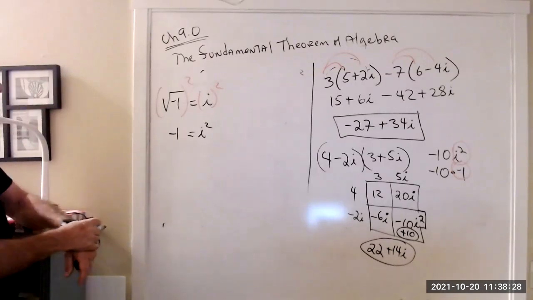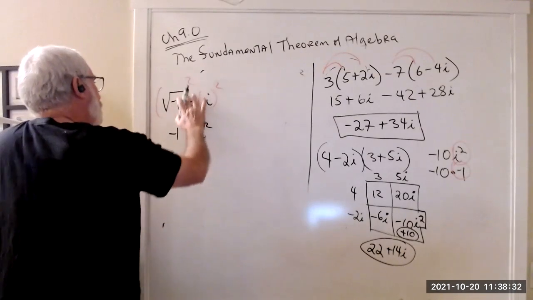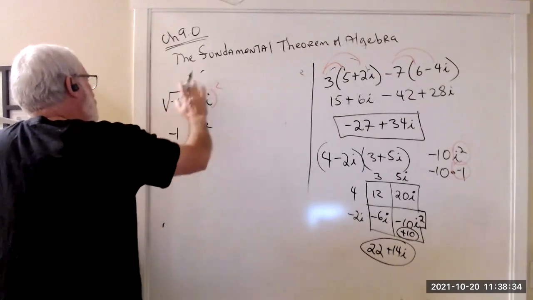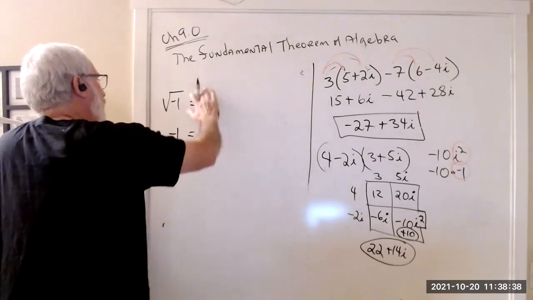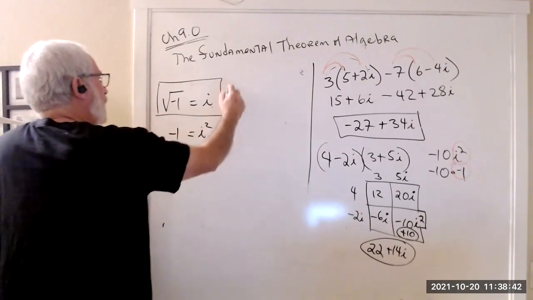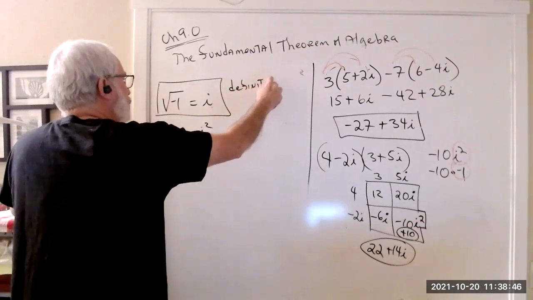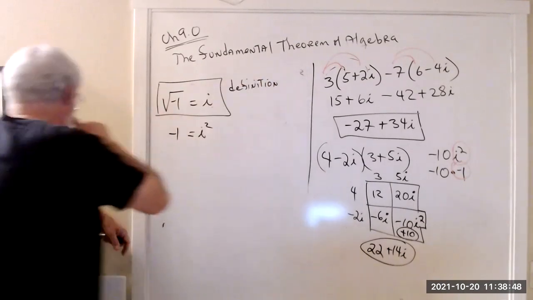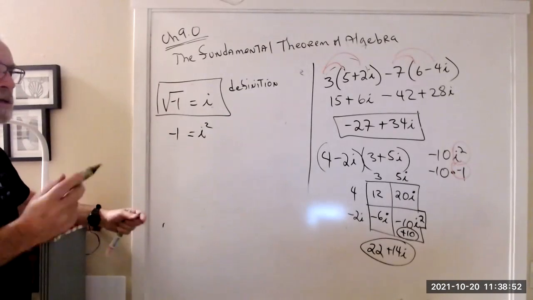So this top one here, without the red, is what I call the definition. This is where i comes from. The square root of -1 is i. A definition is kind of like the Ten Commandments.